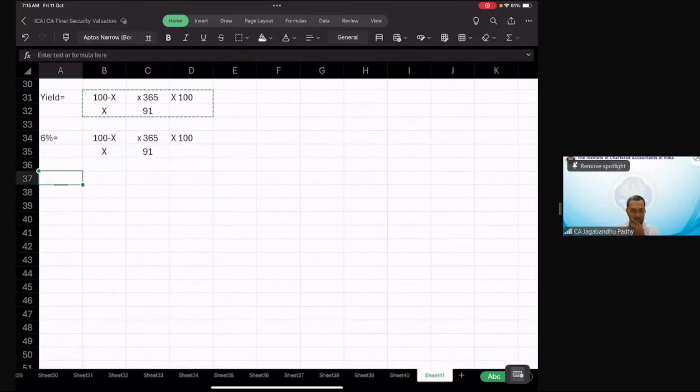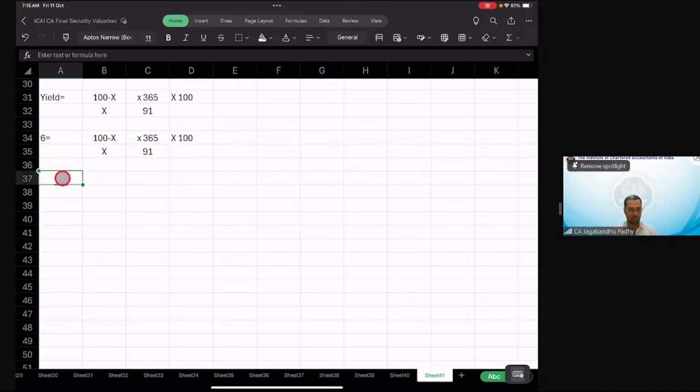Now, if we solve this, we can essentially get the issue price. So 6 will be multiplied with this 91x.